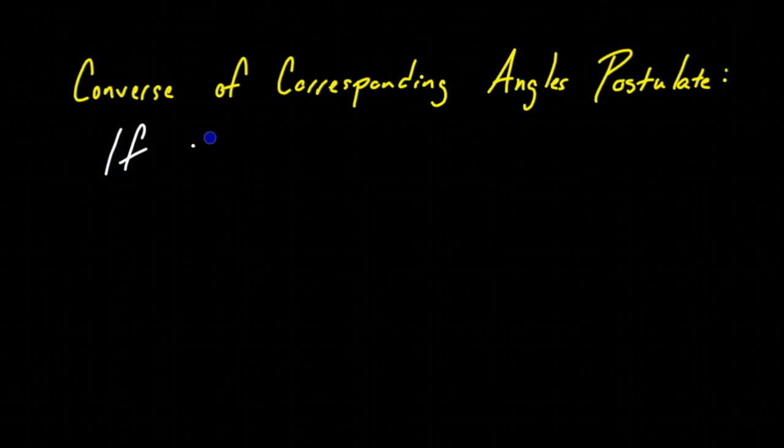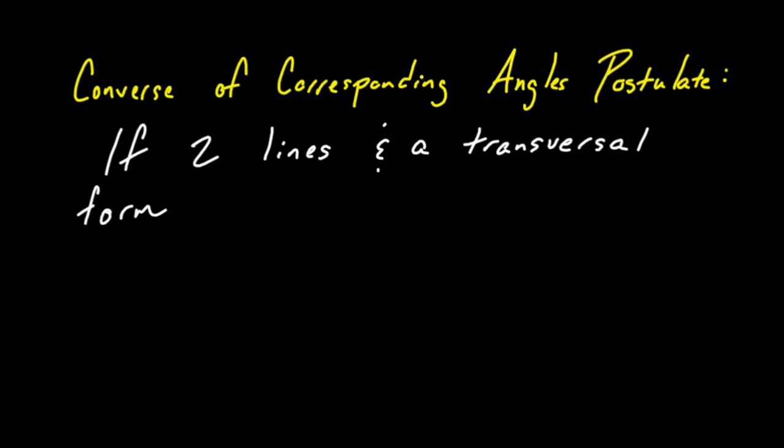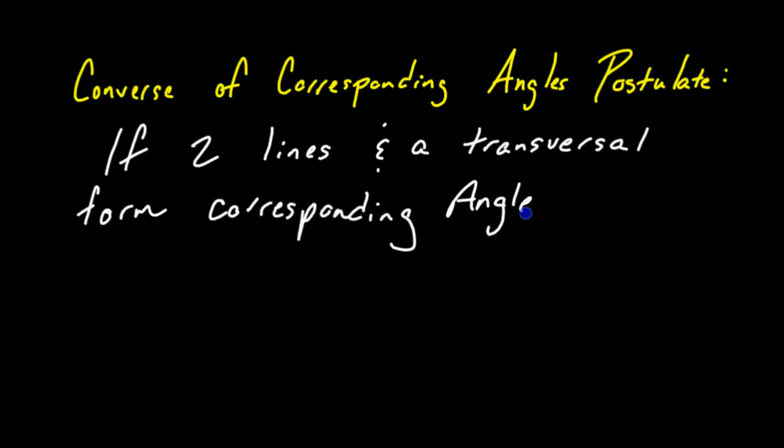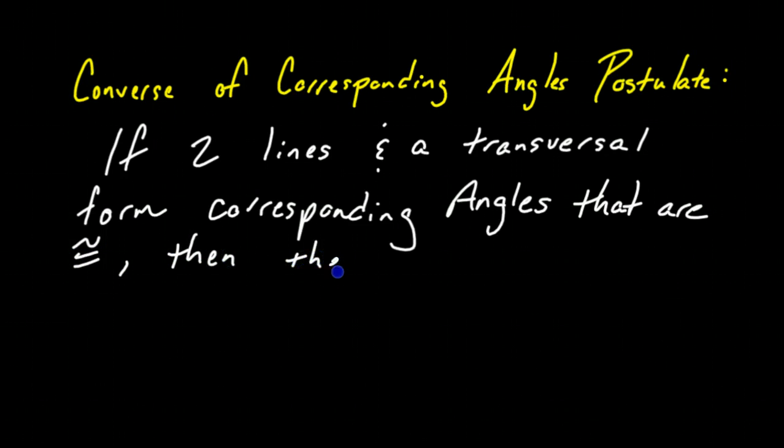So instead of if parallel lines then corresponding angles are congruent, this time we're going to say if two lines and a transversal form corresponding angles that are congruent, then the two lines are parallel.